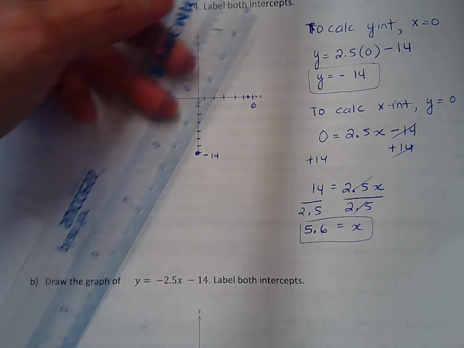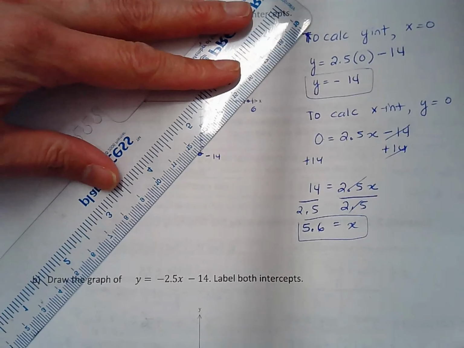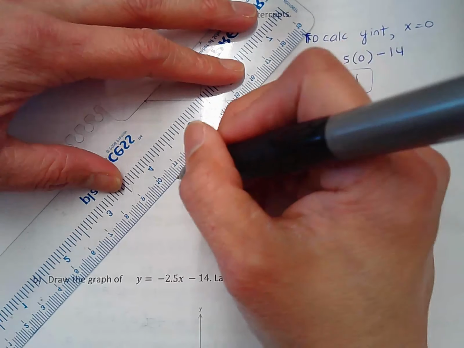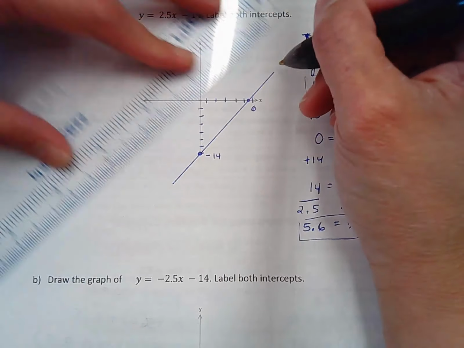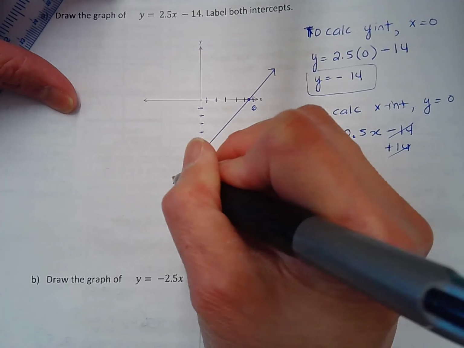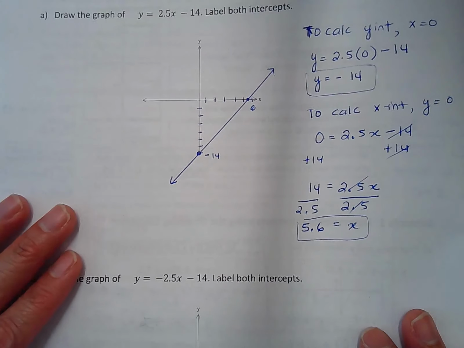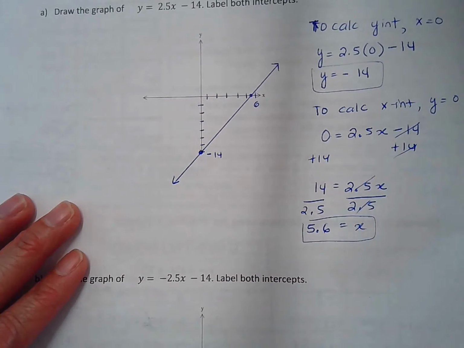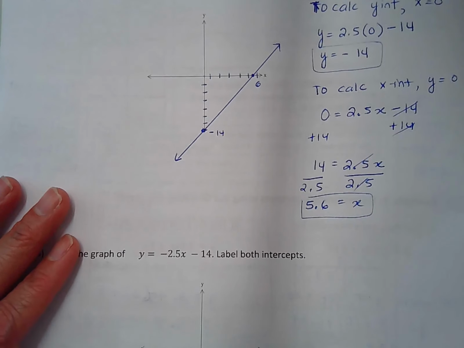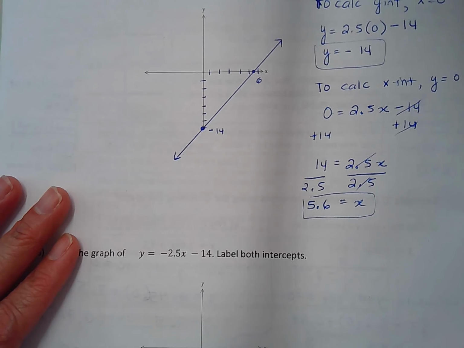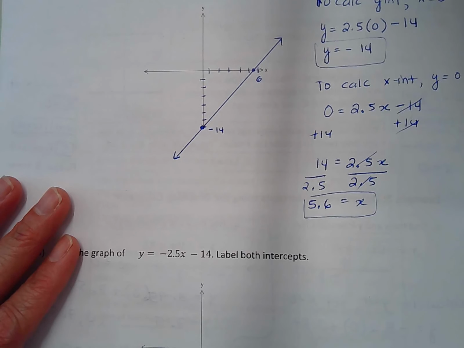Let's use our ruler so it's better. So, 2.5. Oh, sorry, did I make a mistake? Is it okay? Yeah, it's okay.